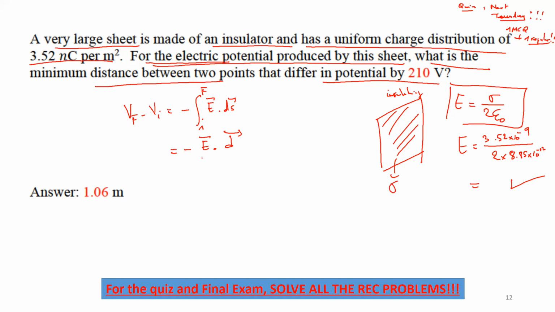The electric field is always pointing from high potential to low potential. So let's say the electric field is pointing away, here with a positively charged sheet. Now, the displacement, what do you think?